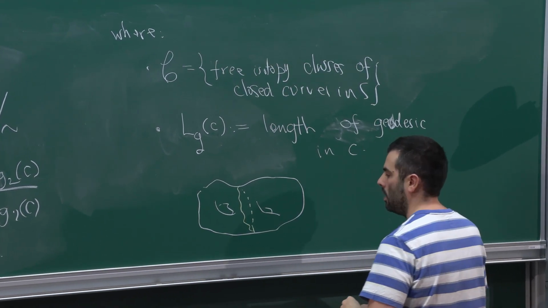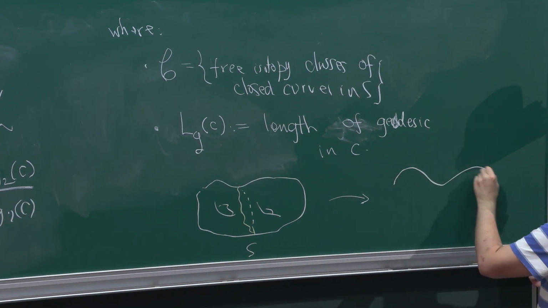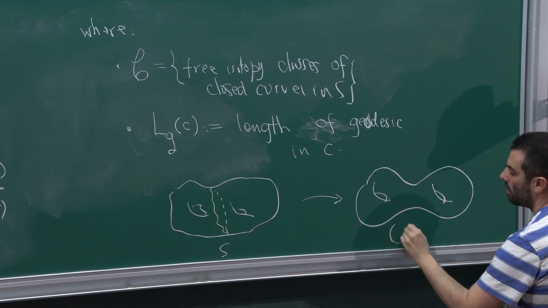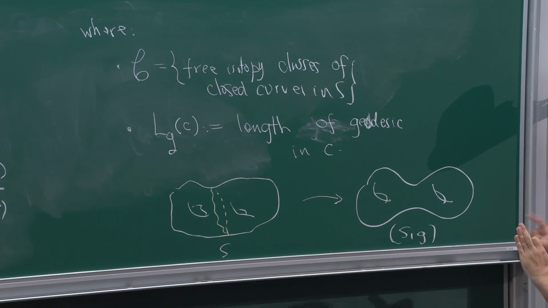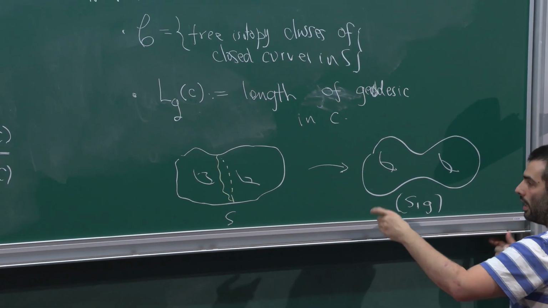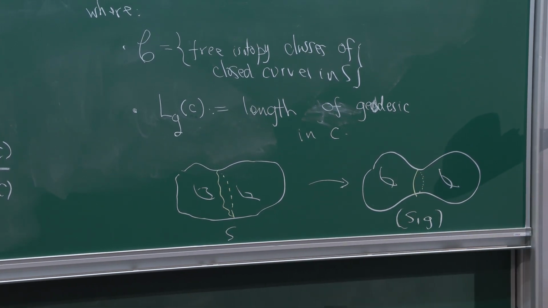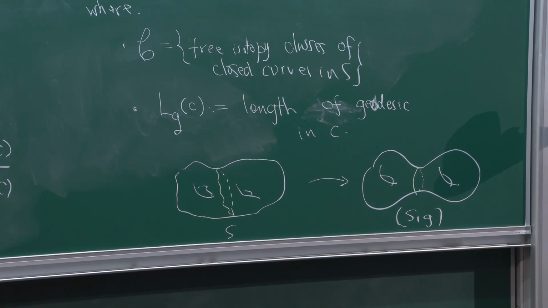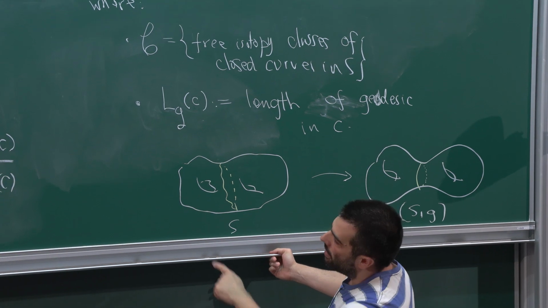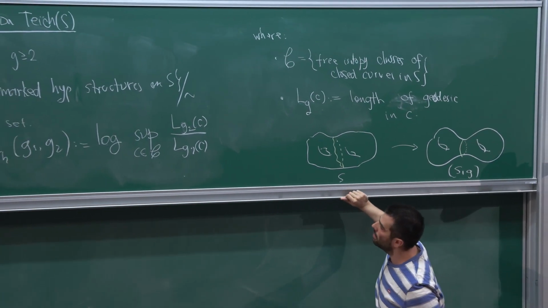When I pick my point in Teichmüller space, this gives me a very nice geometric structure on the surface S_G, and selects one curve in this class, which is the unique geodesic in this class, and I compute the length of this. One can really see that this number satisfies the triangle inequality.